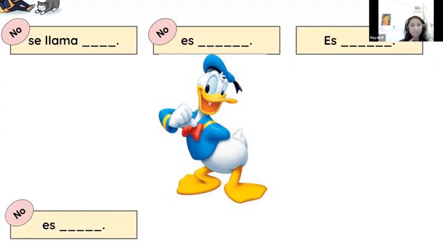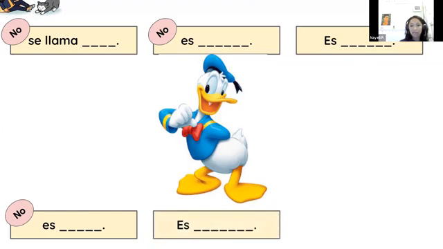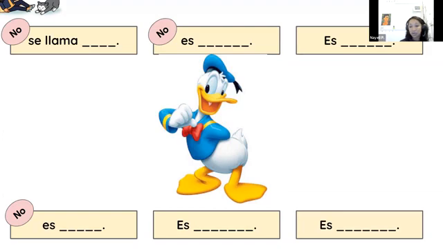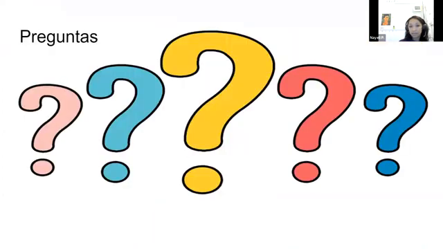Timid. No es tímido. Es cómico. Es extrovertido. Sí, es extrovertido. Es cómico y es actor.